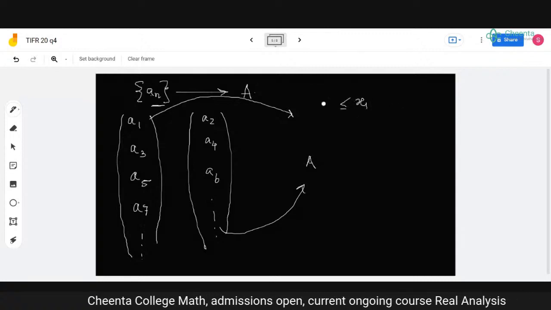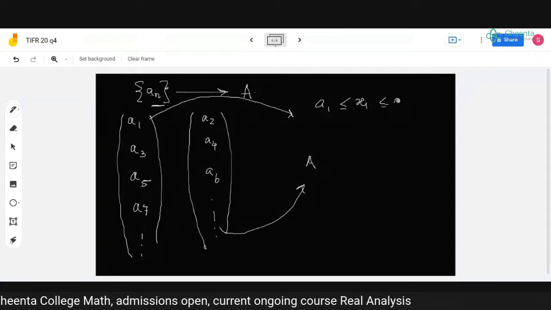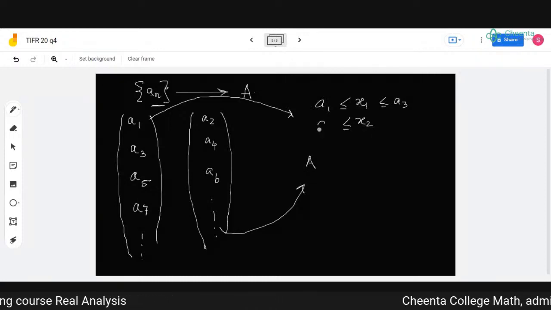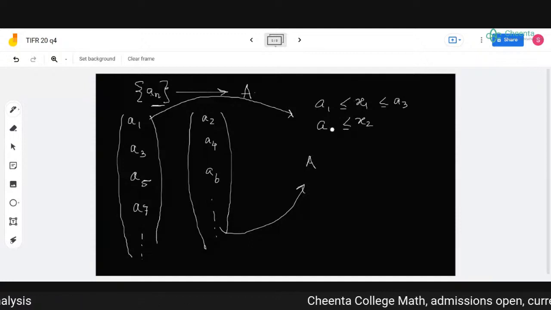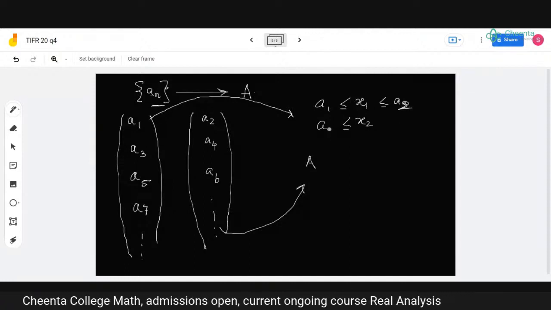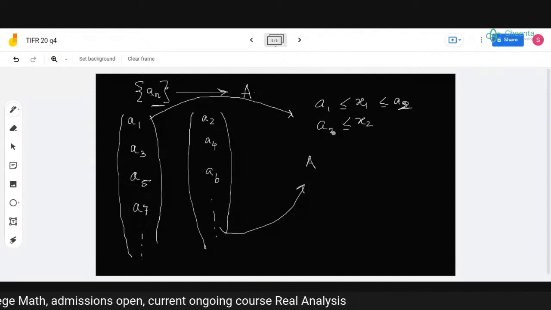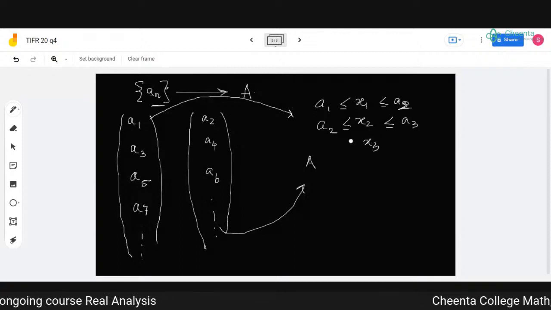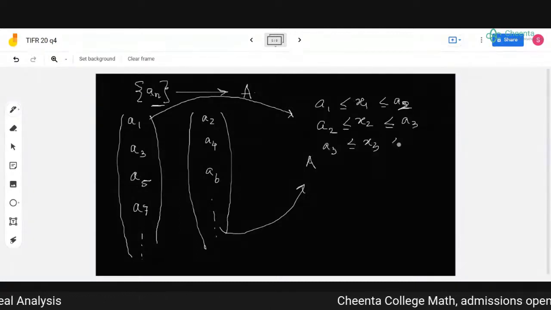What we are actually doing is something like this. x1 is from a1 to a3. x2 is from a2 to a3. x3 is from a3 to a4.